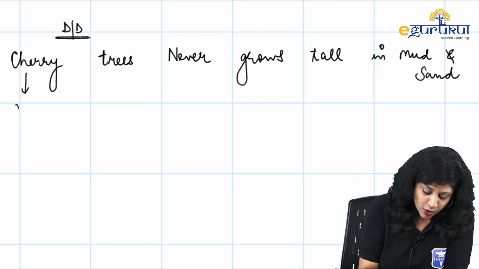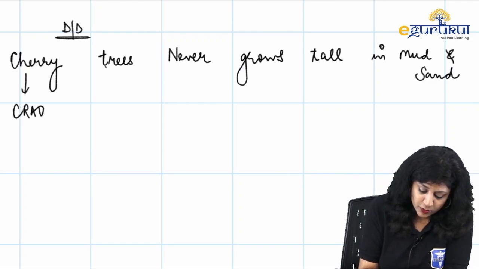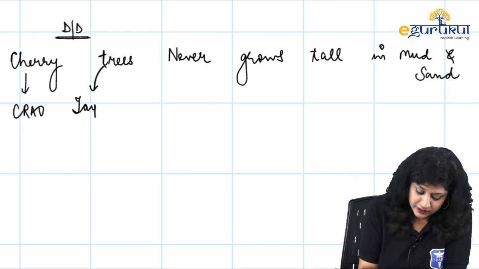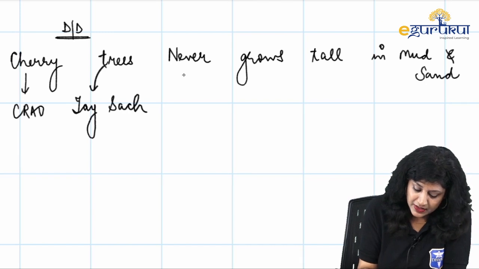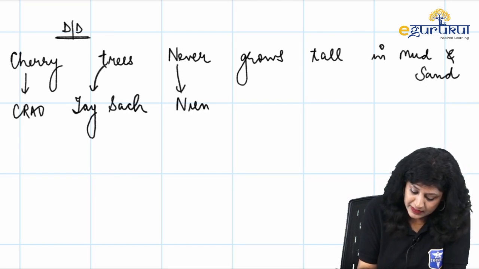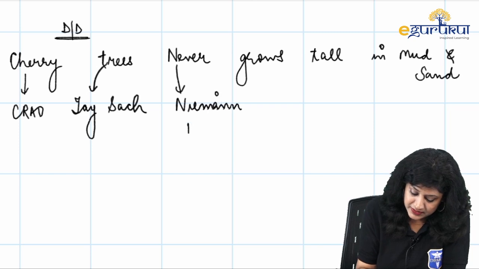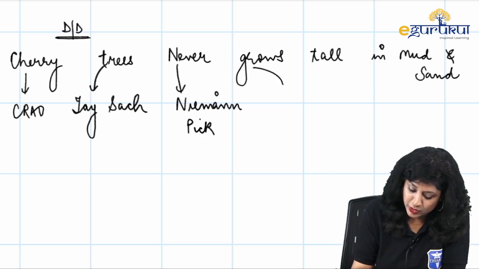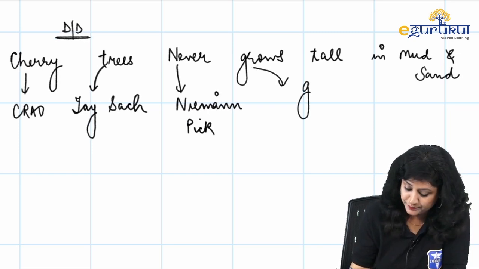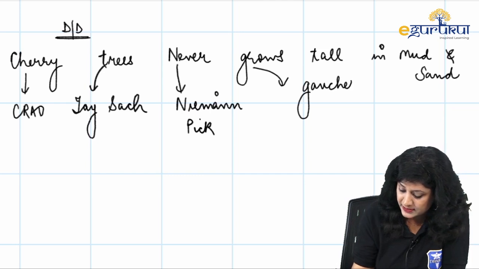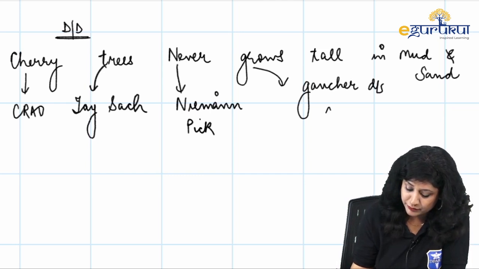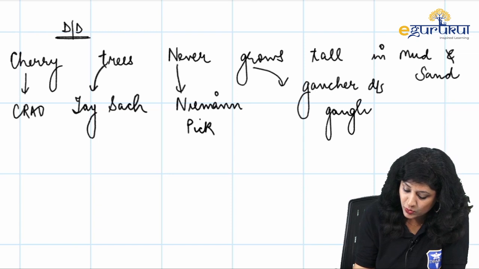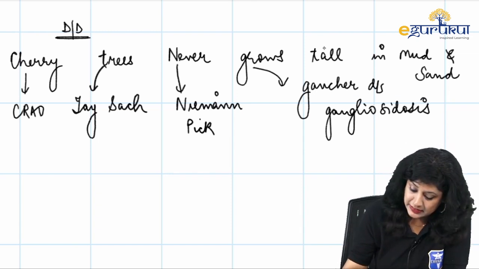So we have got CRAO, then we have got T for Tay-Sachs disease, then we have got N for Niemann-Pick disease, then G for Gaucher disease, then we also have gangliosidosis, T for trauma.